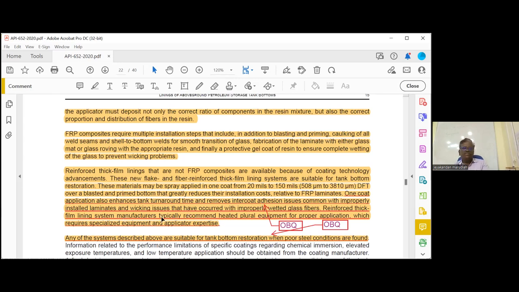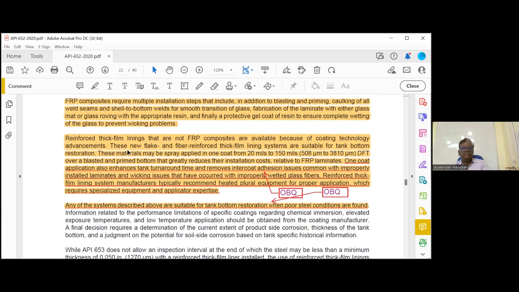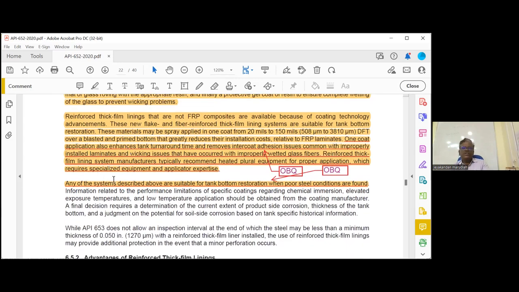Reinforced thick film lining manufacturers typically recommend heated plural equipment for proper application. Generally, they will recommend multiple applications. Plural or multiple, both are applicable actually. Any of the above systems described are suitable for tank bottom restoration when poor steel conditions are found. So you can either use a single coat or you can go for multiple lining also.